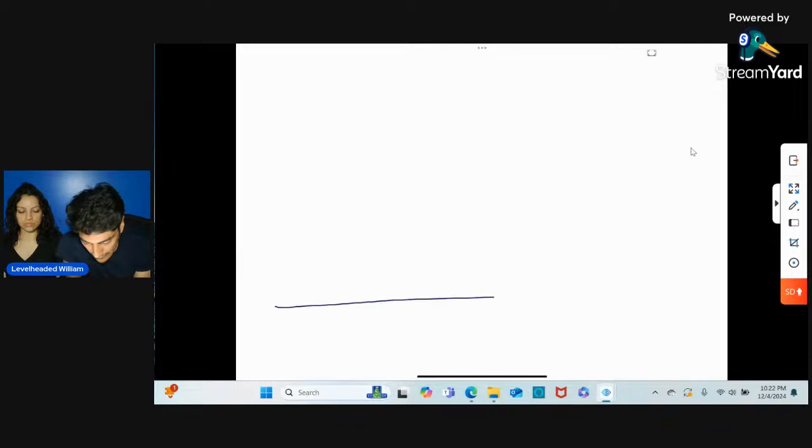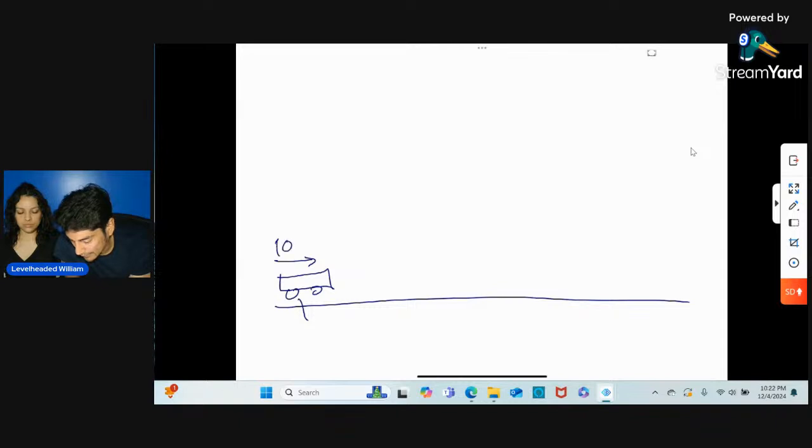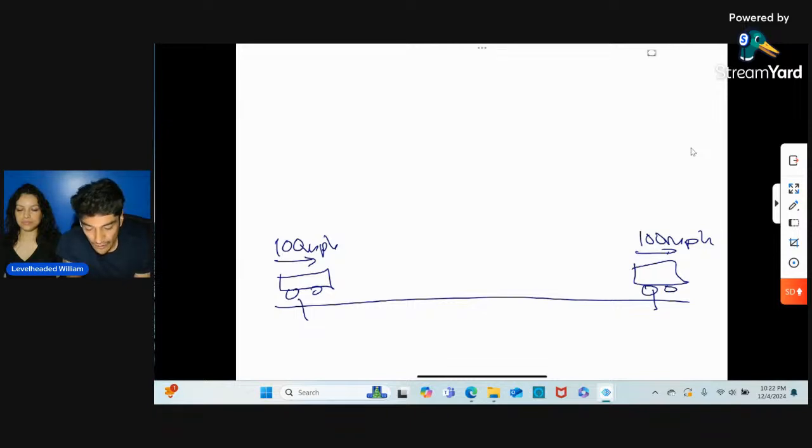So let me just do it one more time, a little bit different. Again, we have the first car here going at 100 miles an hour, and then we have the other one here, again going at 100 miles an hour. As soon as it starts to decelerate, when it decelerates to this point, that's a 5 mile an hour difference.